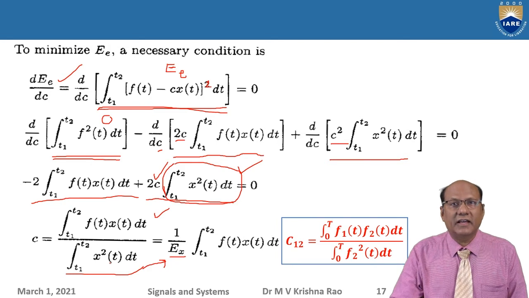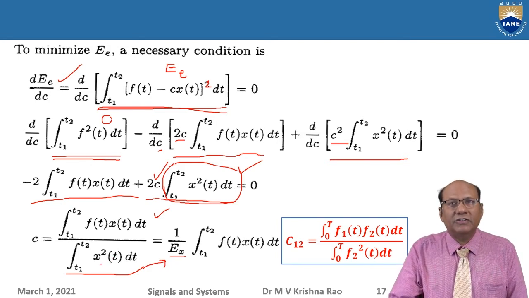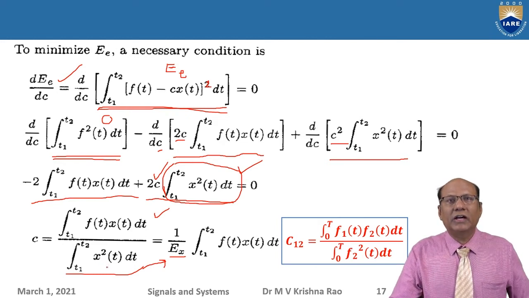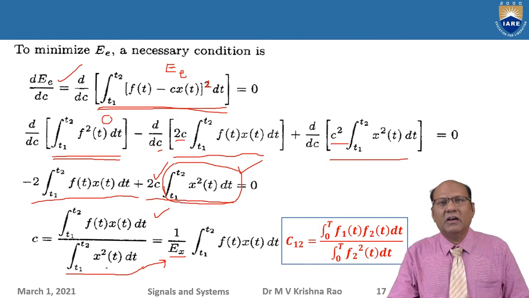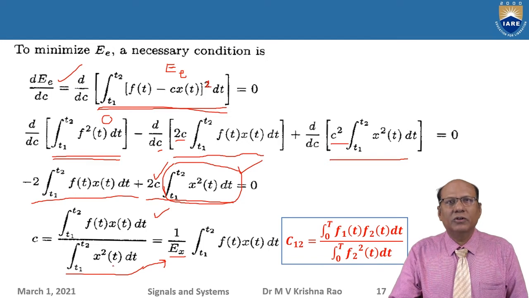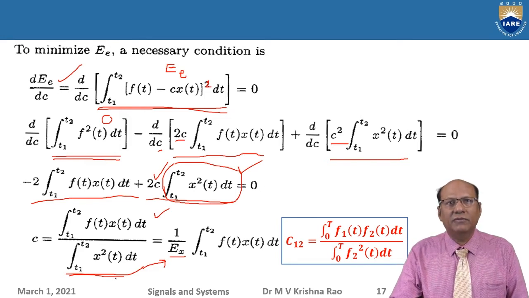In the case of a vector, this we used to call the length of the vector x. Length of the vector, size of the vector, quantity of the vector, they are all used interchangeably. Length is specifically used for vectors. When I talk about the size of the signal, mostly we go for the energy of the signal. So this is the denominator. The same equation we had earlier in the case of vectors, we got here in terms of functions or signals.